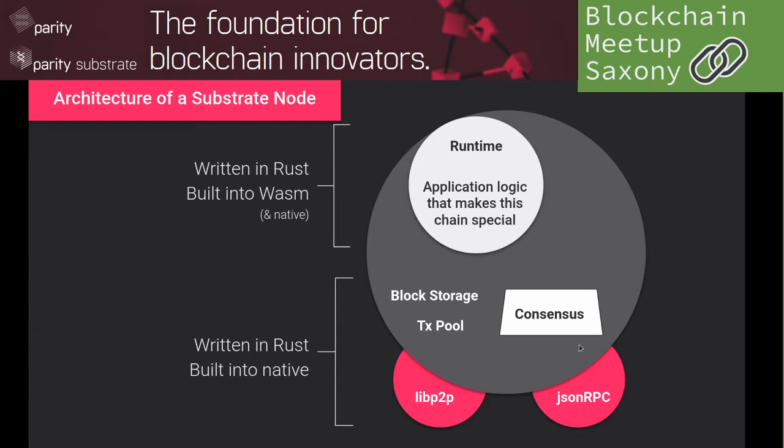If everybody agrees that we need to change the node logic a little bit, like they did when the Bitcoin overflow bug was discovered, then you can make this particular kind of transaction that replaces the old runtime with a new runtime. In theory, it can be anything. You can change Ethereum into a Bitcoin-like chain or something. In practice, it's going to be used for bug fixes and feature additions.